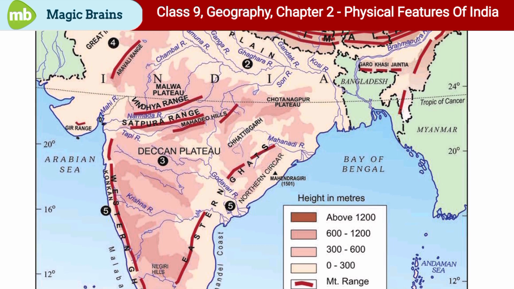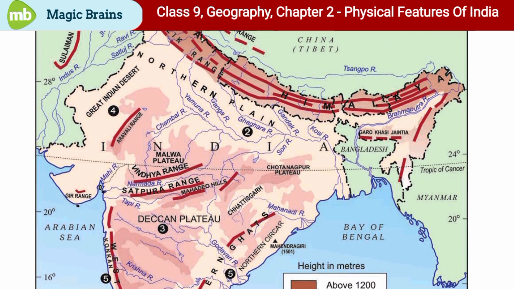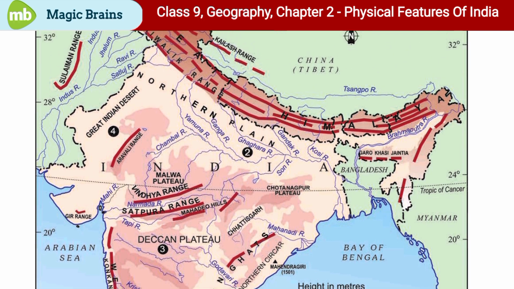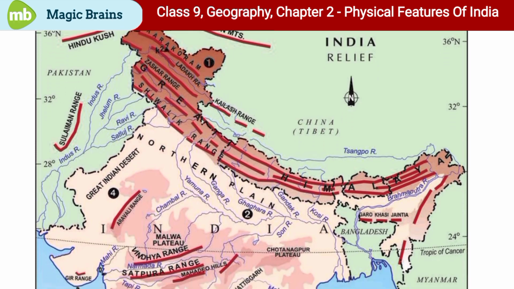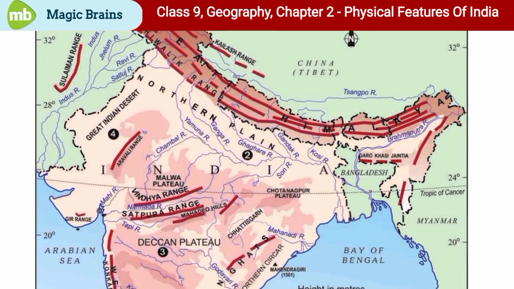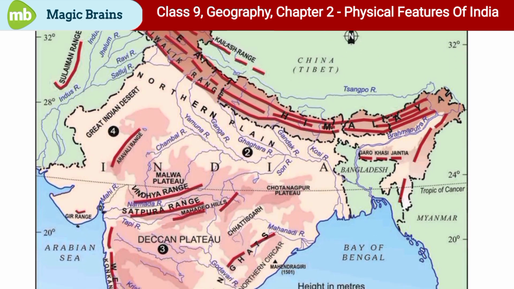The prominent features of Himalayas given here are Karakoram Range, Zaskar Range, Shivalik Range. Also mentioned are a few peaks like Mount K2, Kailash Range.